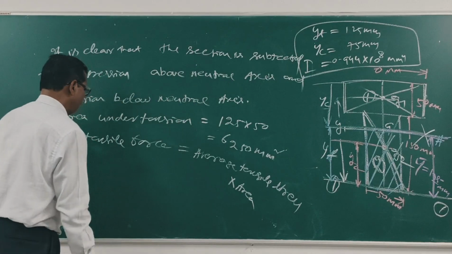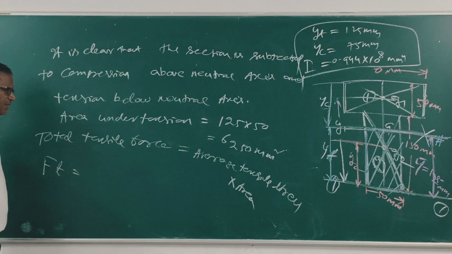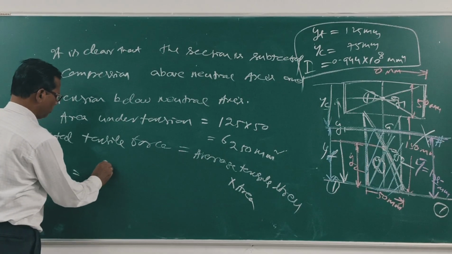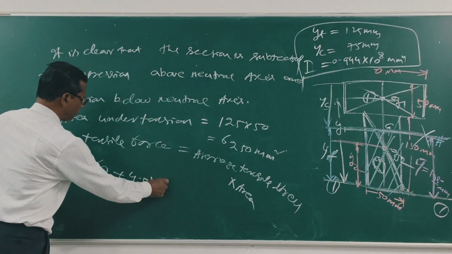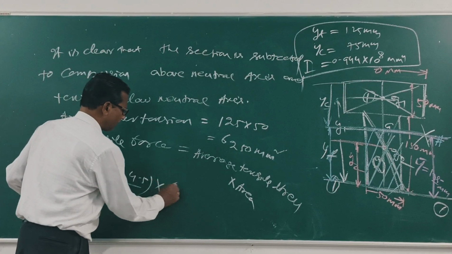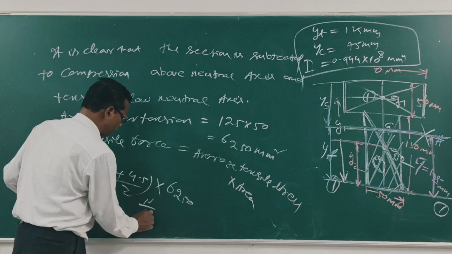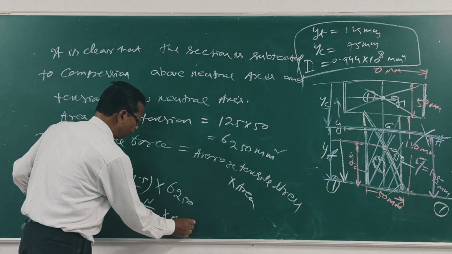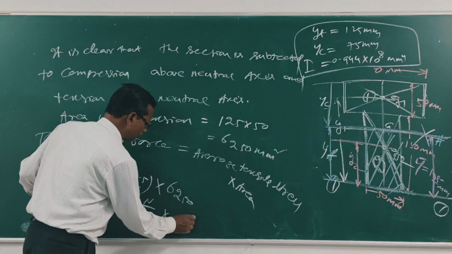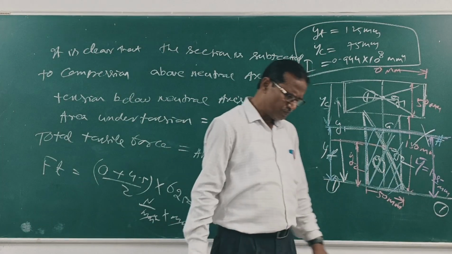That is FT is equal to the average tensile stress, 0 plus 4.52, into the area 6250. This is Newton per mm square, this is mm square. The answer is in Newton.